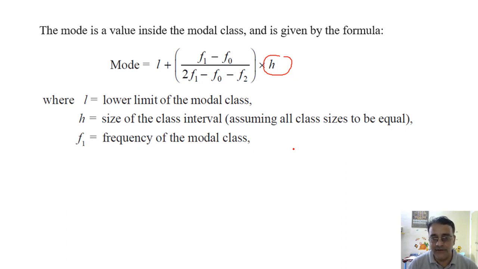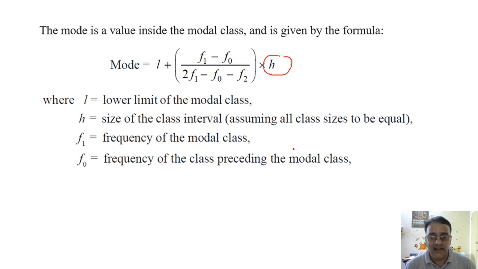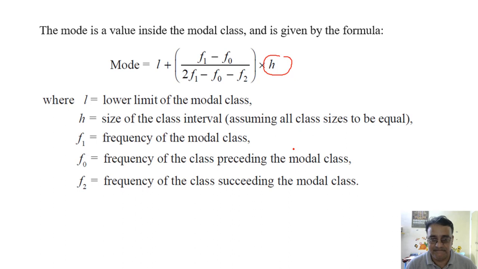Okay, so how will you write? F0 is the frequency of the preceding class of the model class. Okay, and F2 is the frequency of the class succeeding the model class. So this is the formula. Okay, now I will show you one example.